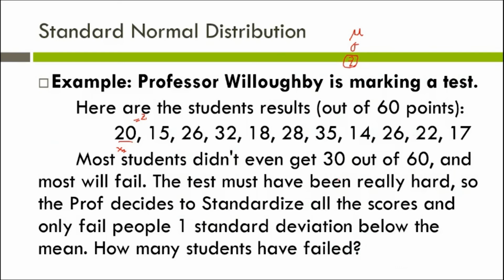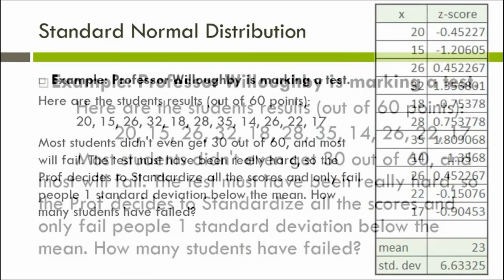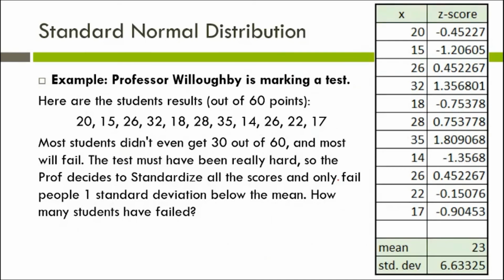Now I have here the finished calculation. So all you have to do is use your calculators, solve them, and check if you'll get the same answer. The mean for this data is 23, and the standard deviation is 6.63325. After converting them using our formula, z is equal to x minus mu all over sigma, I can get an equivalent z-score.